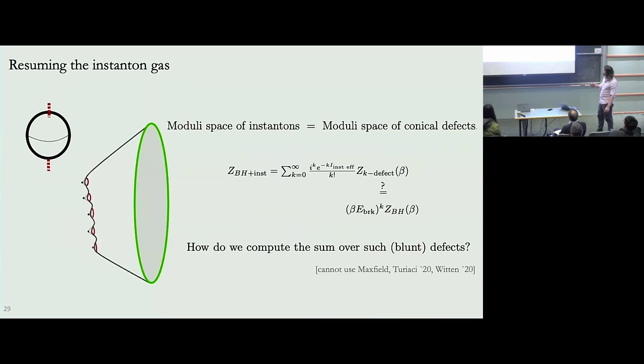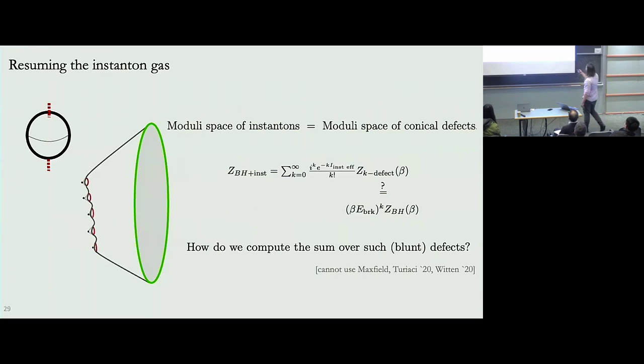So the reason why one should be a little bit worried is that if you put all these instantons in the near horizon geometry, each instanton produces, from the outside perspective, if you're not inside of the instanton, a little defect. So we can think about the moduli space of instantons as being the same as the moduli space of conical defects in the near horizon geometry.